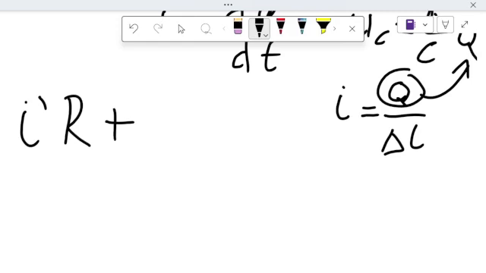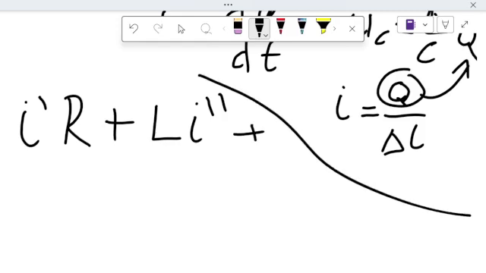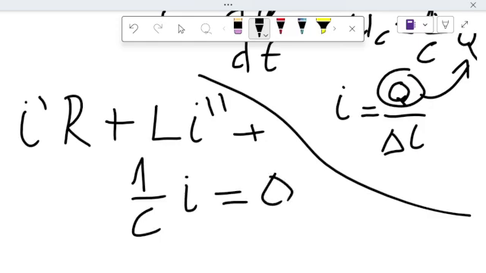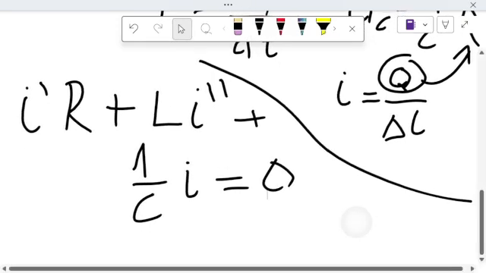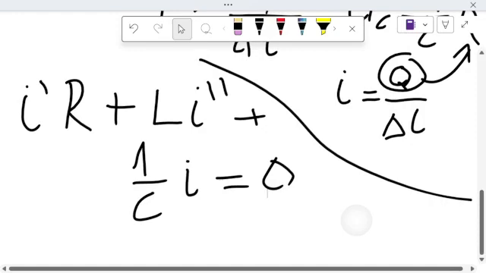Here we have what was the first derivative, now we have the second derivative, plus, for the capacitor, 1 over C times I, equals 0. So we have now that equation, and we can solve it.